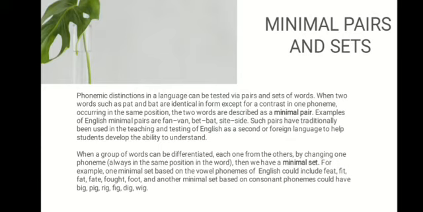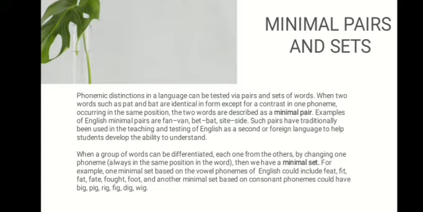Examples of English minimal pairs are fun, bad, sight. Such pairs have traditionally been used in the teaching and testing of English as a second or foreign language to help students develop the ability to understand.